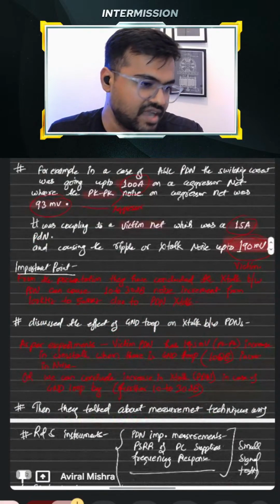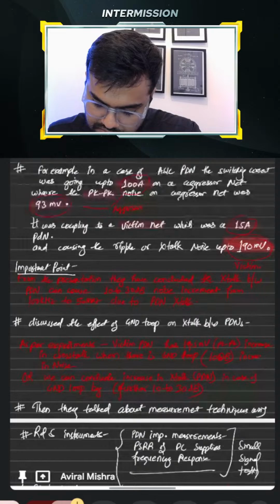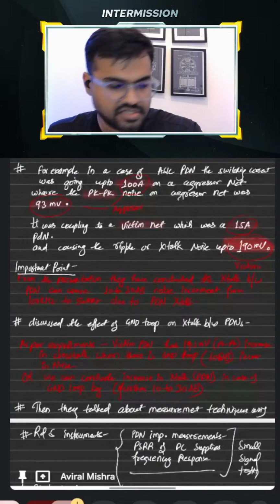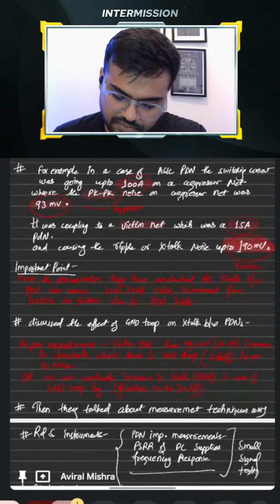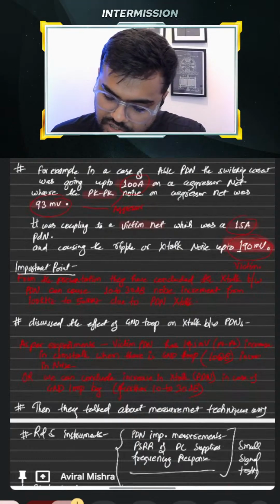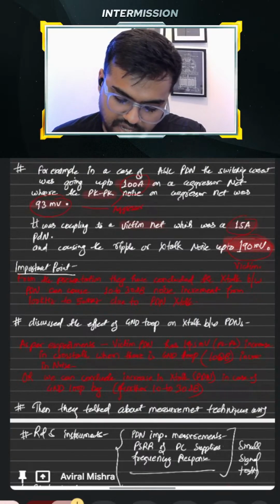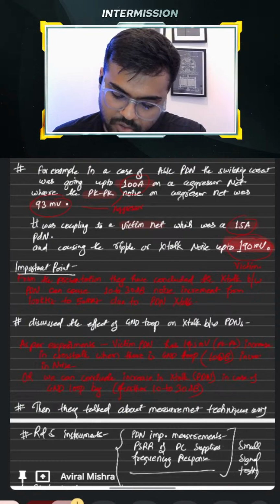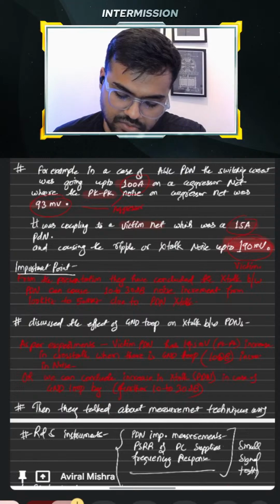So that was the entire idea of their presentation. They just wanted to demonstrate this. And they've also given some rules of thumb. One from the presentation was that they concluded the crosstalk between PDNs can cause up to 10 to 30 dB noise increment from 100 kilohertz to 50 megahertz.